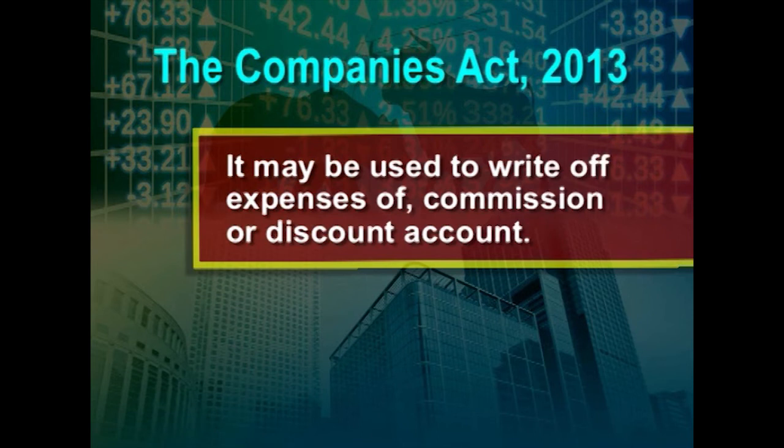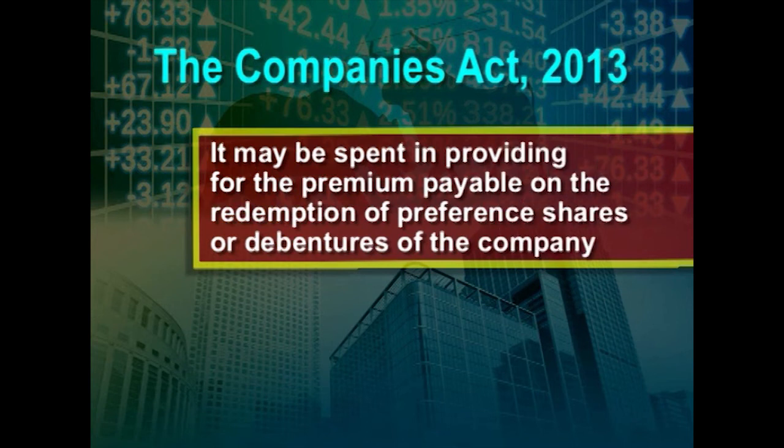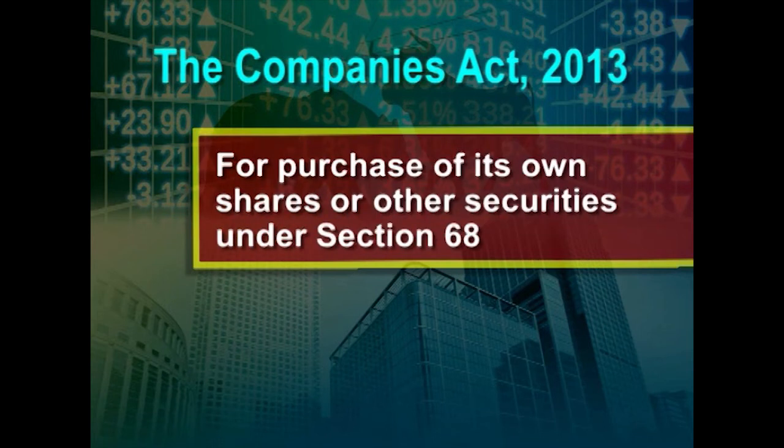It may be used to write off expenses of commission or discount account. It may be spent in providing for the premium payable on the redemption of preference shares or debentures of the company, for purchase of its own shares or other securities under Section 68.